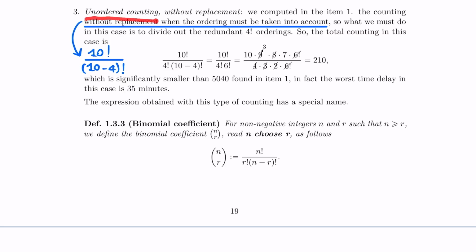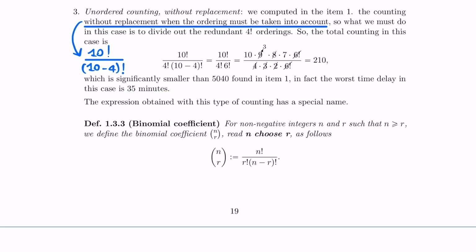So in the present situation, what we have to do is simply to divide out the number of choices corresponding to the 4 factorial redundant ordering. This is exactly what I have done here. Numerically, what we obtain is 210, which is much smaller than 5040 found in item 1. In fact, in this case, the worst time delay to enter the building is 35 minutes.